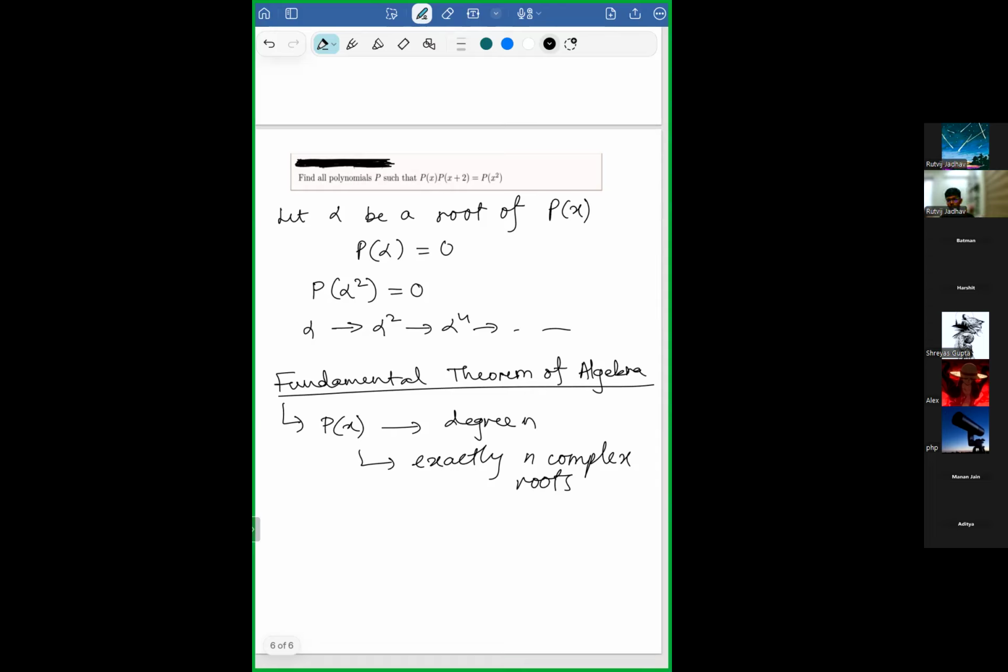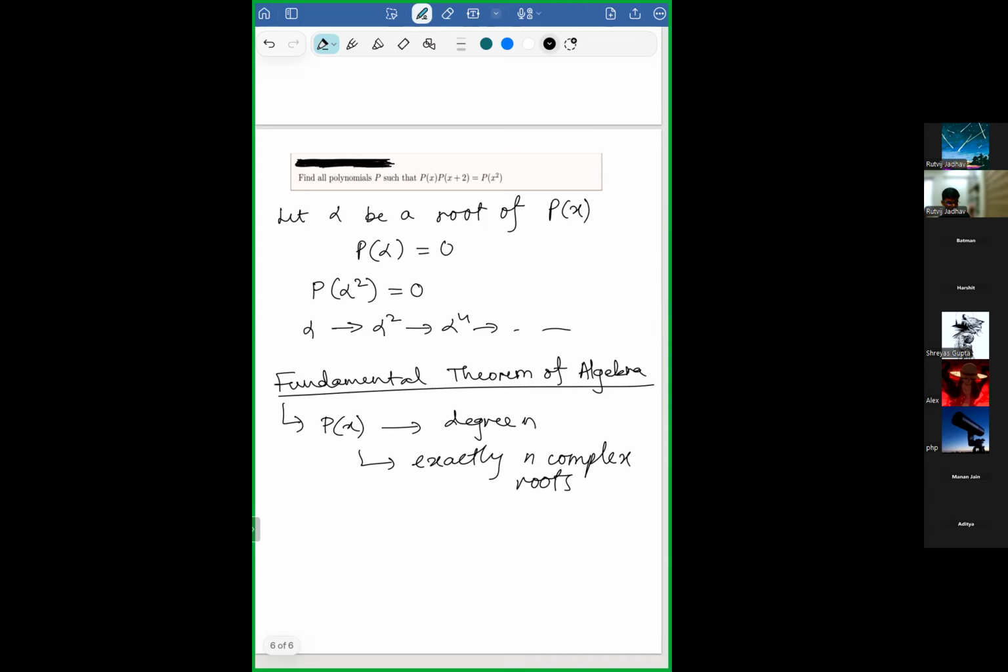So can someone tell me what to do after this? We can always generate roots bigger than the previous one, so this is a contradiction. In which cases can we generate roots bigger than the previous one? It's only if alpha is greater than 1, right?